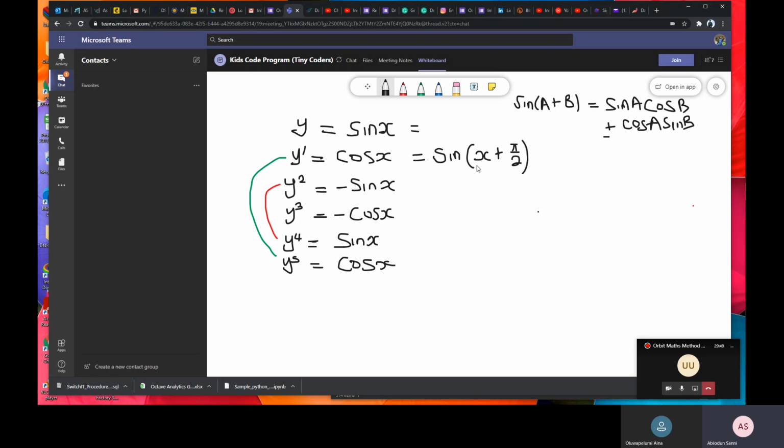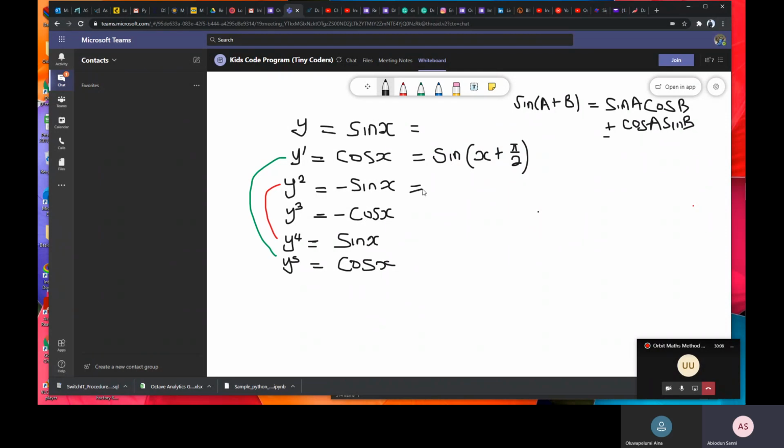If I open this bracket, I'm going to have sine x times cos pi over 2. And cos pi over 2 is cos 90, which is 0. So 0 times sine x is 0. Plus cos x times sine pi over 2. Sine pi over 2 is 1. 1 times cos x is cos x, which gives you this back.